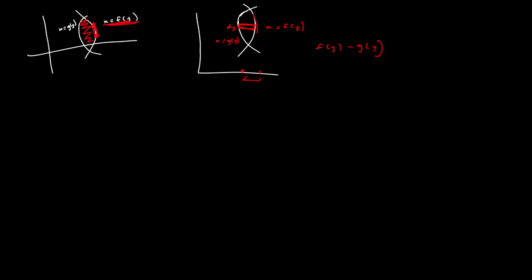Now we can do the same thing we've been doing before to find the area, but we integrate with respect to dy. The bounds will be from the y value at the bottom to the top y value, so y1 and y2.